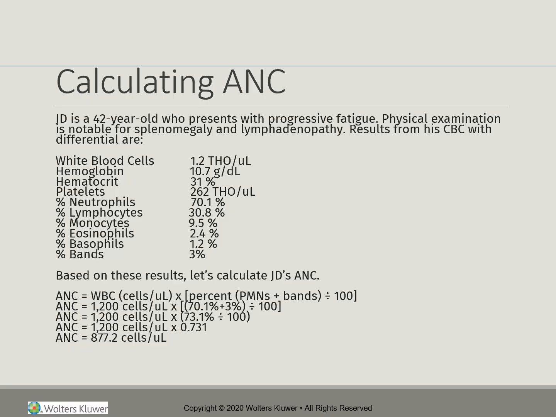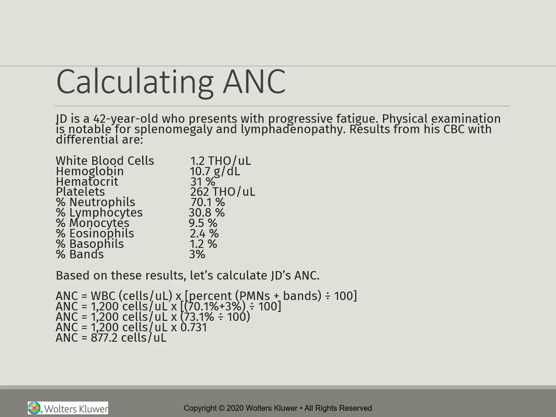The neutrophil percentage is our segs, and the percentage of bands is our bands. The WBCs are that 1.2, which we're going to convert to 1,200. Our ANC is the WBCs times the percent of mature neutrophils and bands. So we do 1,200, our total WBCs, times 70.1 plus 3, divided by 100.